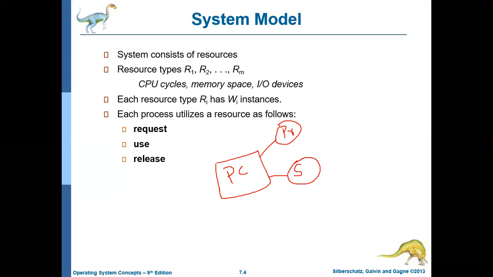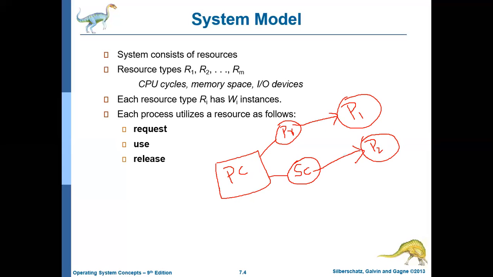Say two processes, P1 and P2, are currently running in the system. Let us assume that the printer is already issued to process P1, and the scanner is already given to process P2.